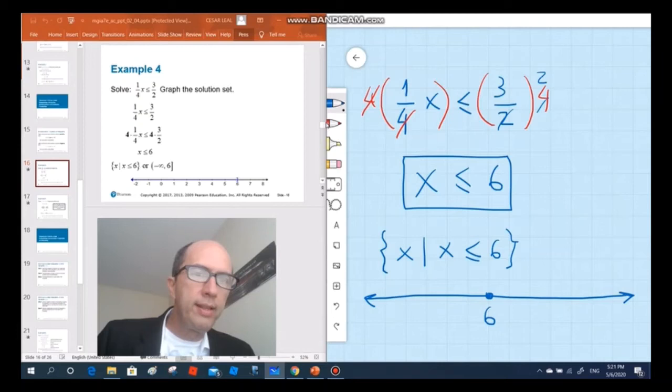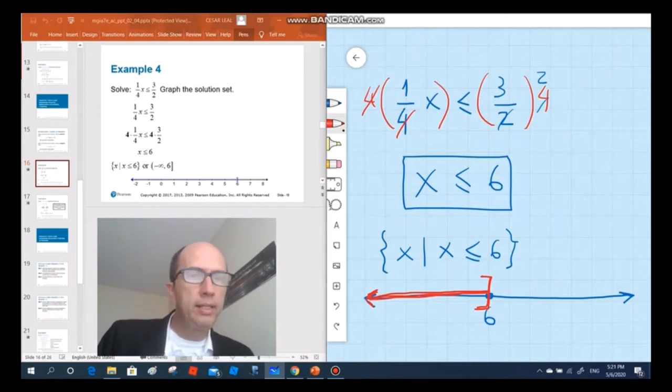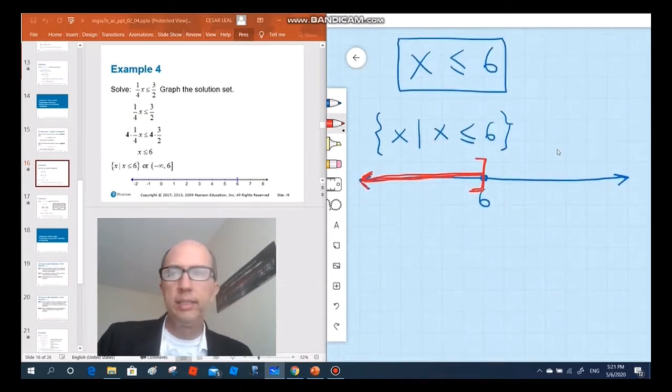And then let's find another color. Is 6 included? Yes. So it's this kind of bracket. And also everything that's less than 6 is also included. Perfect.